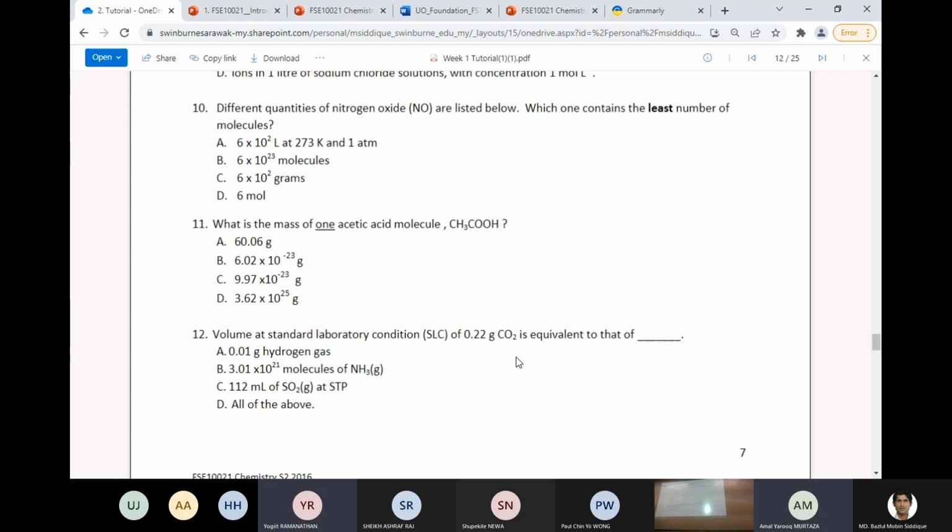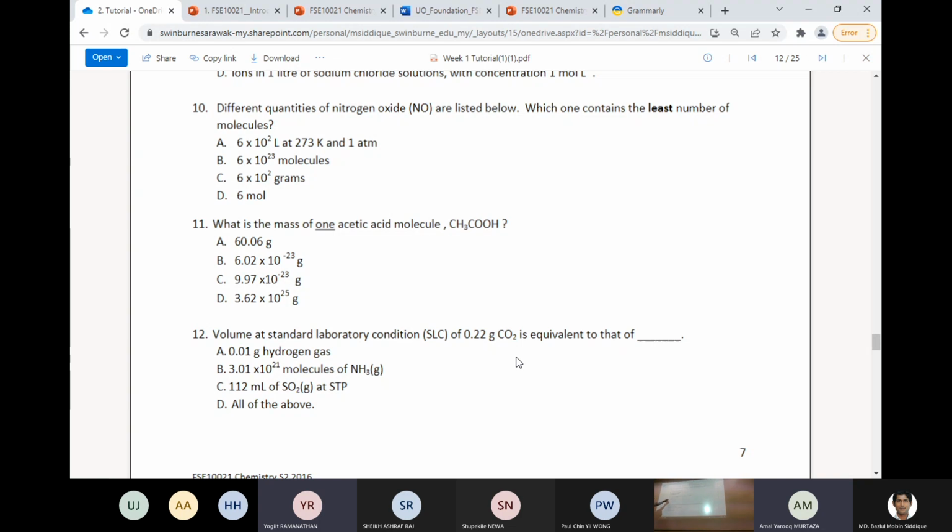Nitrogen is 14, and oxygen is 16. How do you find this 14 and 16? From the periodic table, right? So this is 30. So 600 divided by 30 is how many? 20. So this is 20 moles. So this is still B, right? So that is why option B is the correct answer.